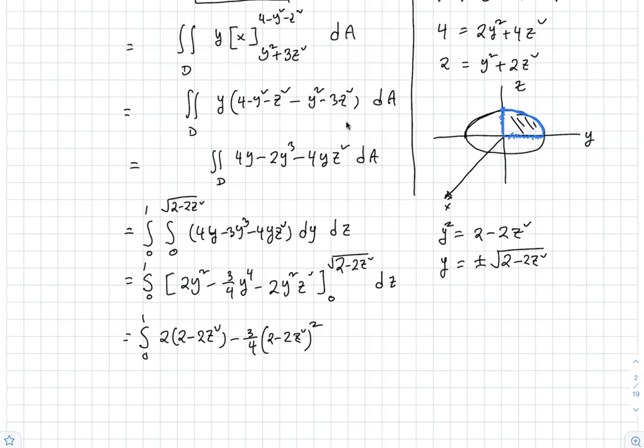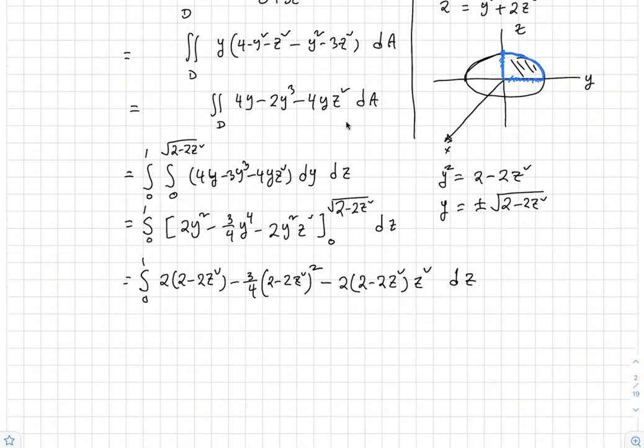Okay, and 2y square z square, that's easy. 2 times 2 minus 2z square times z square, and we have to integrate that with respect to z.